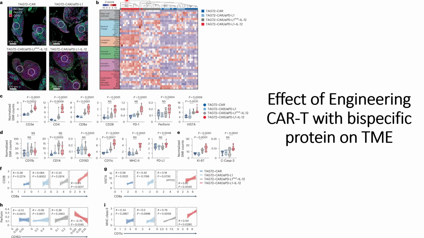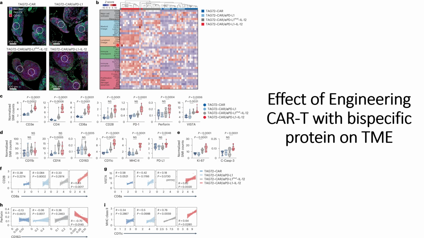The different conditions mean they have used the TAG-72 CAR alone, the TAG-72 CAR with anti-PD-L1, the TAG-72 CAR with mutated anti-PD-L1 and IL-2, and the TAG-72 CAR with anti-PD-L1 and IL-2. What they are able to see is that each category gets clustered separately, indicating that each category behaves differently.